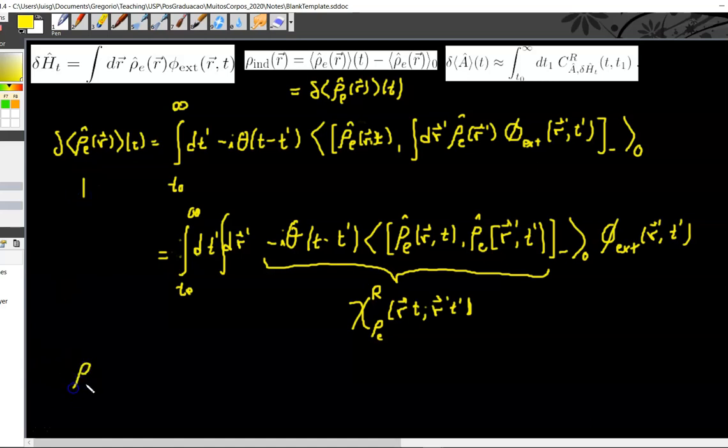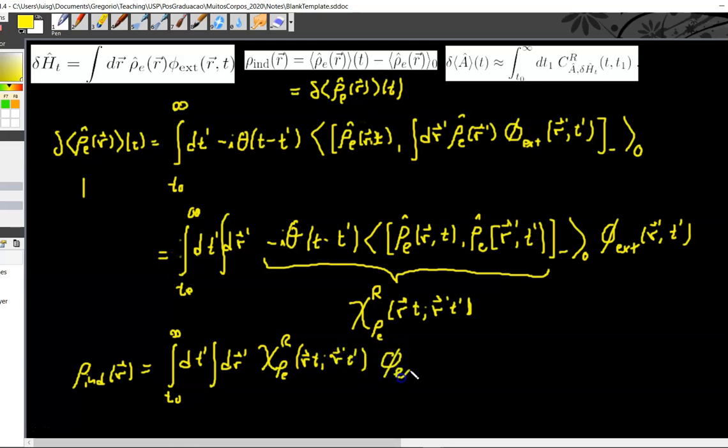So I have rho induced of r equals an integral from t0 dt, integral dr prime of chi_rho_e at r t, r prime t prime, times phi external at r prime t prime. That's what I had on the slide.